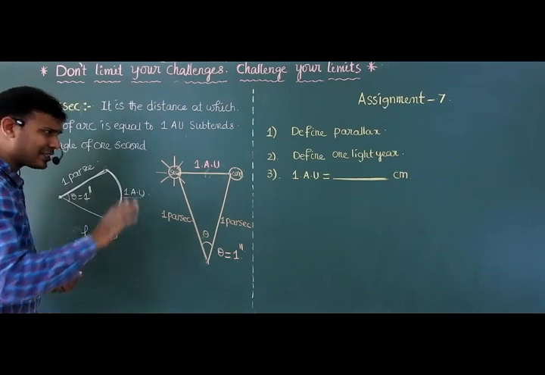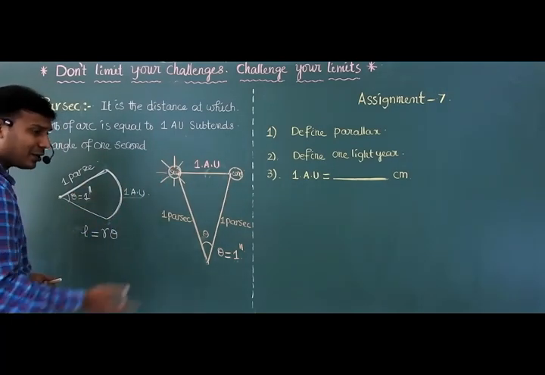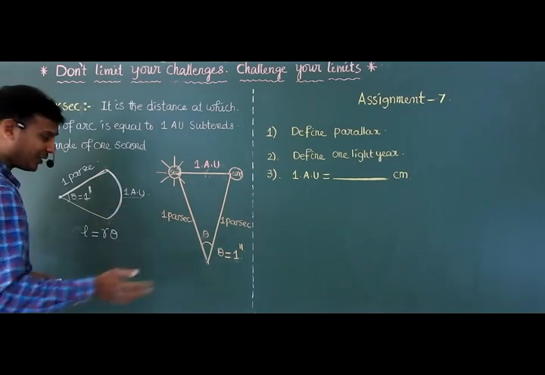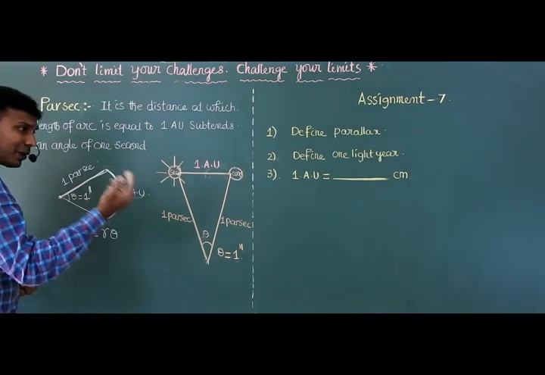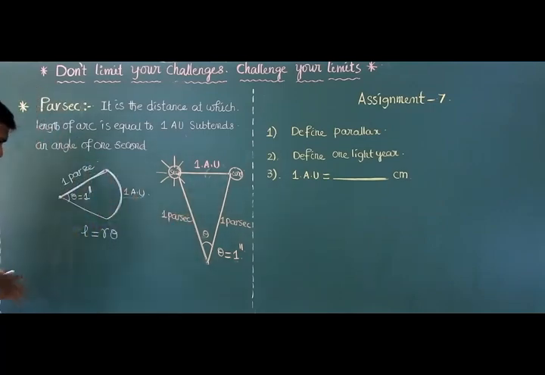You have to convert 1 second into radians. In the next class we will find out the conversions: how to convert degrees into radians, minutes into radians, and how many radians 1 second is equal to. So L is equal to r theta, and we want r.